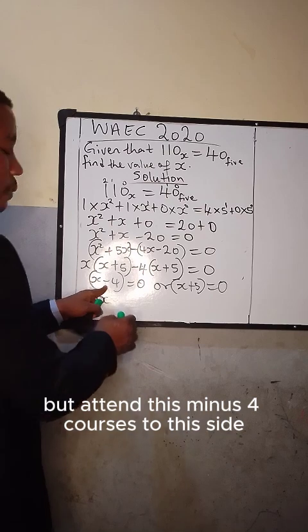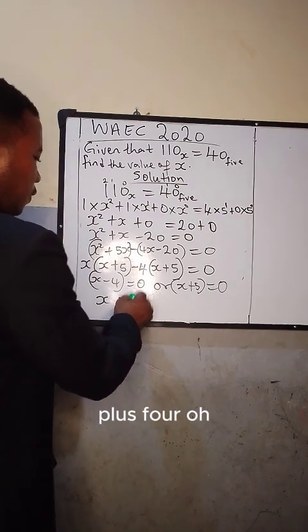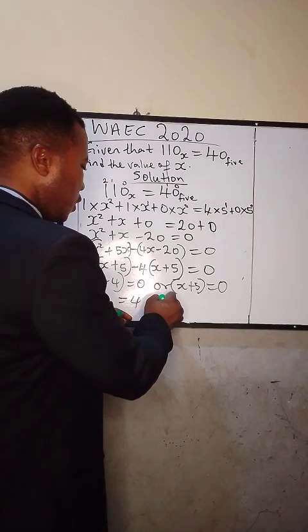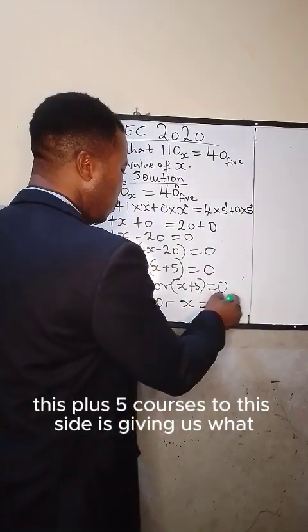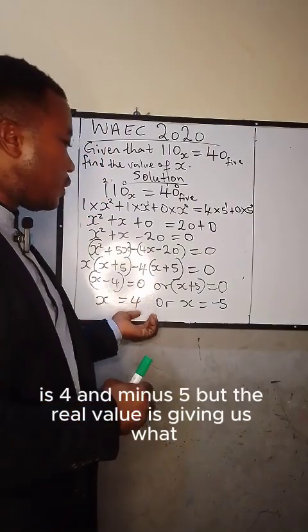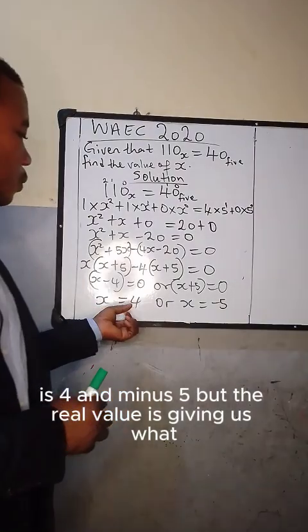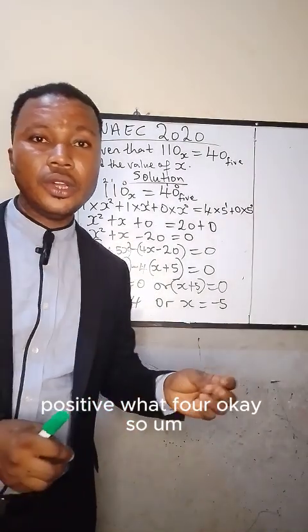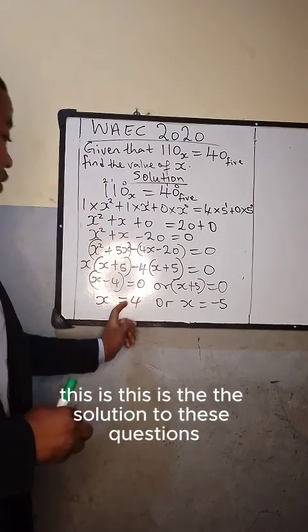By the time this minus 4 crosses to this side, it's giving us plus 4, or by the time this plus 5 crosses to this side, it's giving us minus 5. So you see, the value of x is 4 and minus 5. But the real value is positive 4. Okay, so this is the solution to this question.